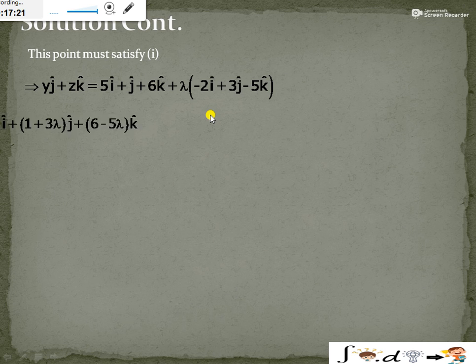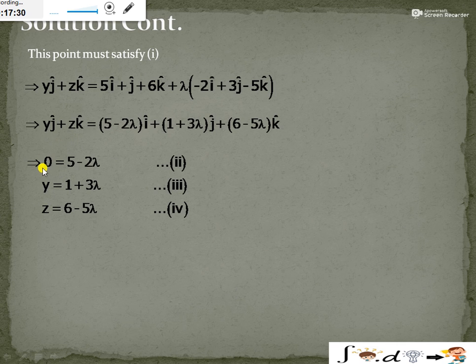And now comparing both sides, the components of i, j, k, it becomes 0 is equal to 5 minus 2 lambda, y is equal to 1 plus 3 lambda and z is equal to 6 minus 5 lambda. We wrote this in ijk form, then compared it. Now we find the value of lambda from the first: lambda is 5/2, and substituting in y and z gives the required point. That means solving 1, 2 and 3 we get y is equal to 17/2 and z is equal to minus 13/2.